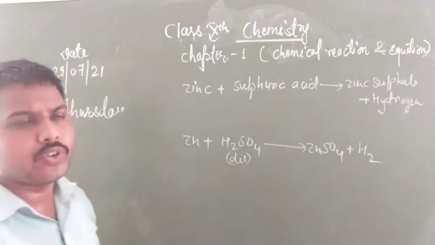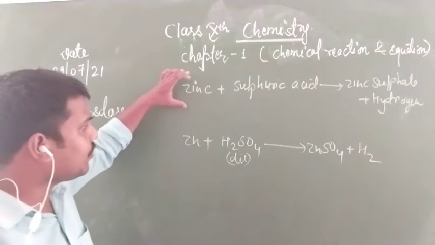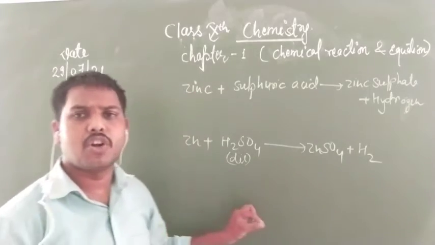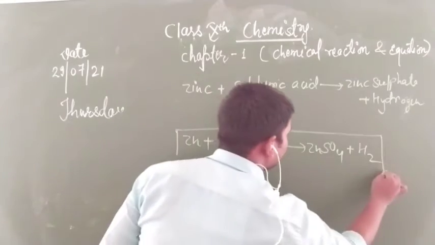So I think you all know it very well and it is clear that when the word equation is expressed in symbols and formulae, it is called the chemical equation. So children, this is the chemical equation.